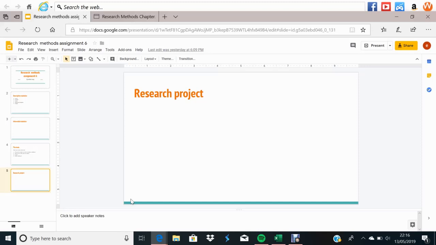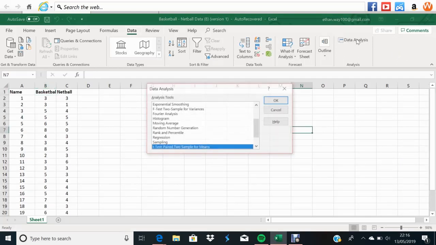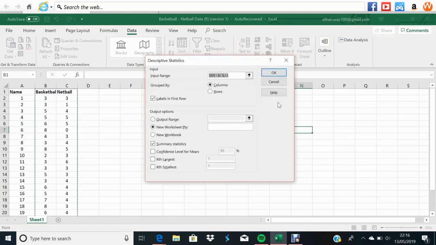Now we're going to go to Excel, where we have all of our data that we found, which is here. We're going to go into a bit more depth. We're going to data analysis, and go on to the top, descriptive statistics. Press OK.